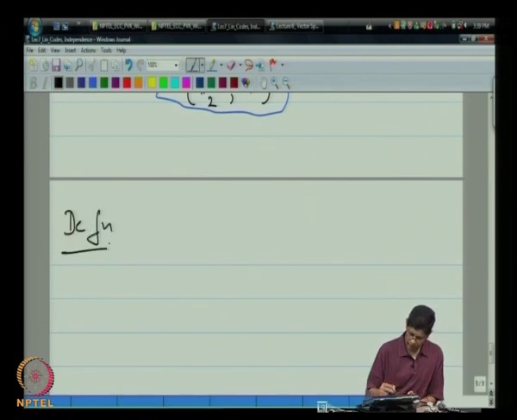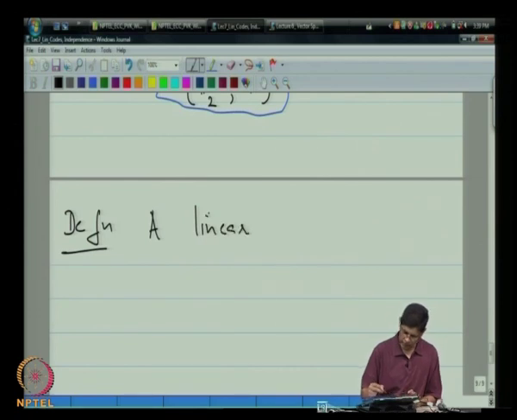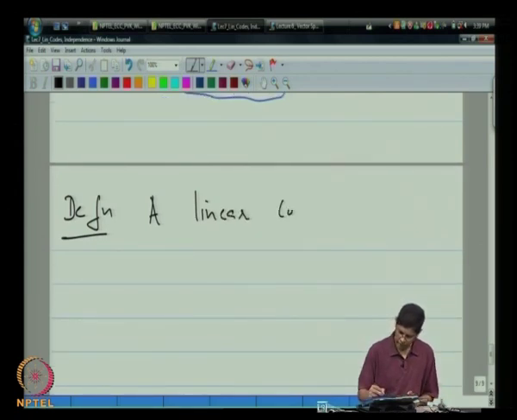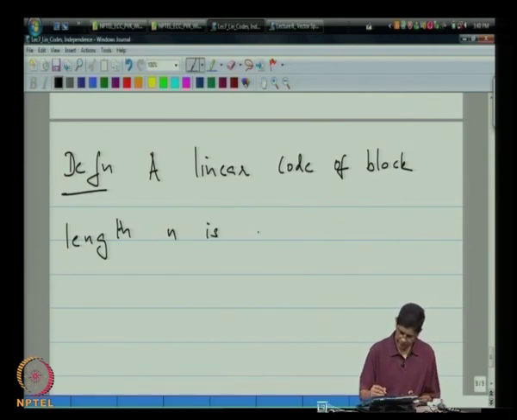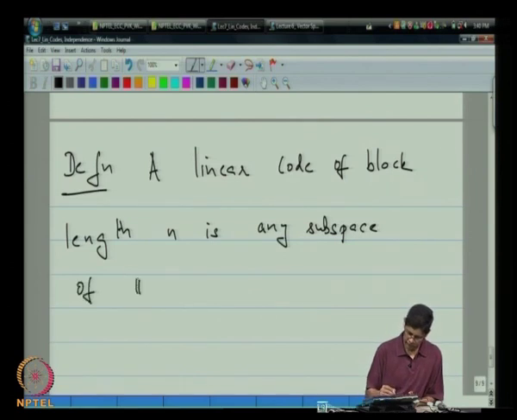A linear code of block length n is any subspace of F2 to the n.